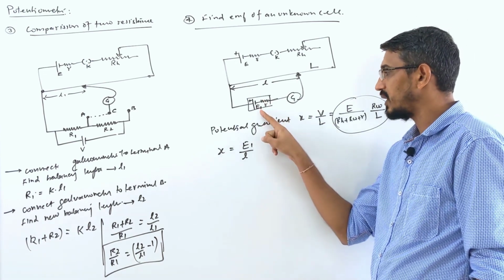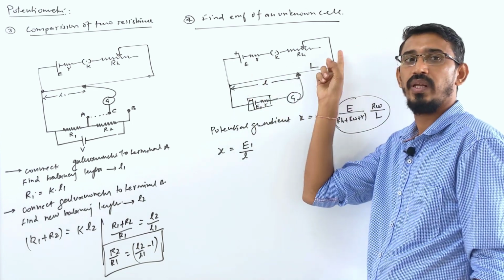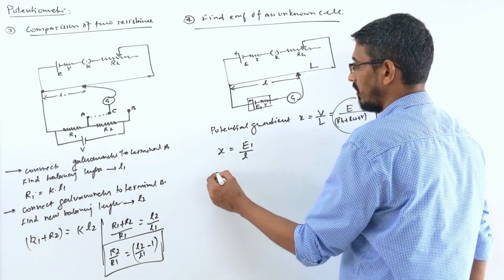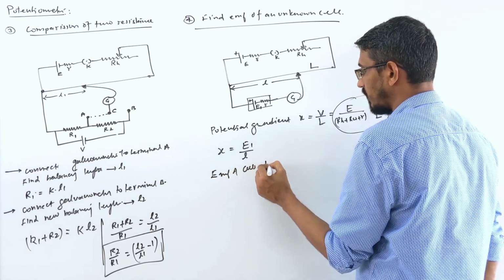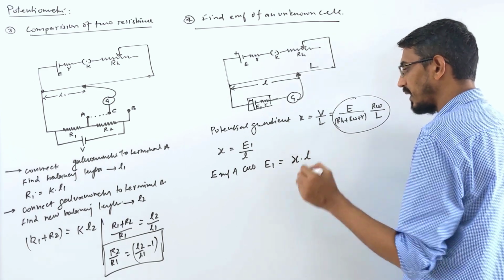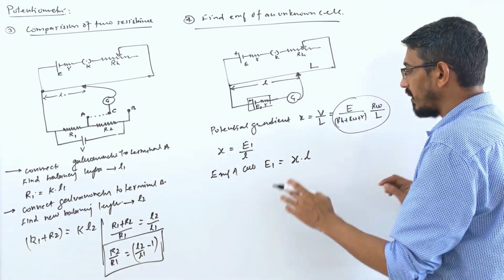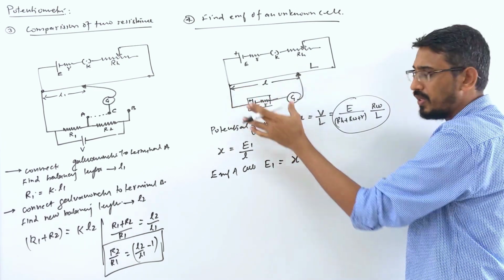Then what is the EMF of this cell? The answer is the potential gradient into the balancing length, not the whole length. So the EMF of the cell that you want to find, E1, is simply the potential gradient into the balancing length small l. Sometimes the potential gradient is given directly as X, and you just multiply by the balancing length, that's done.